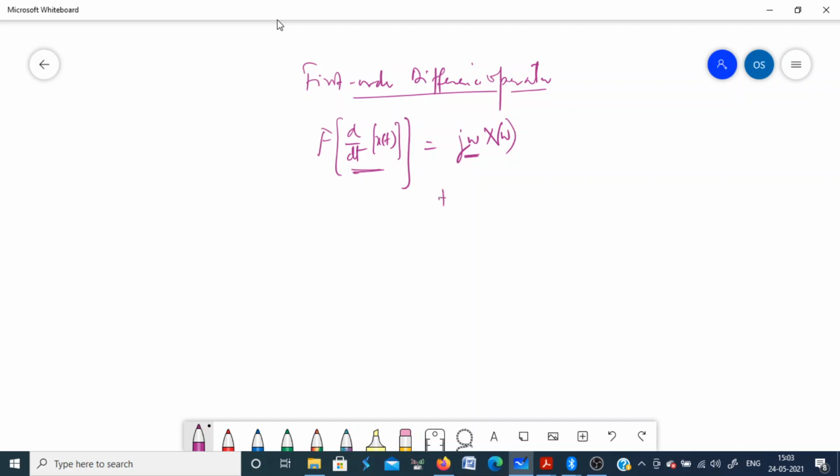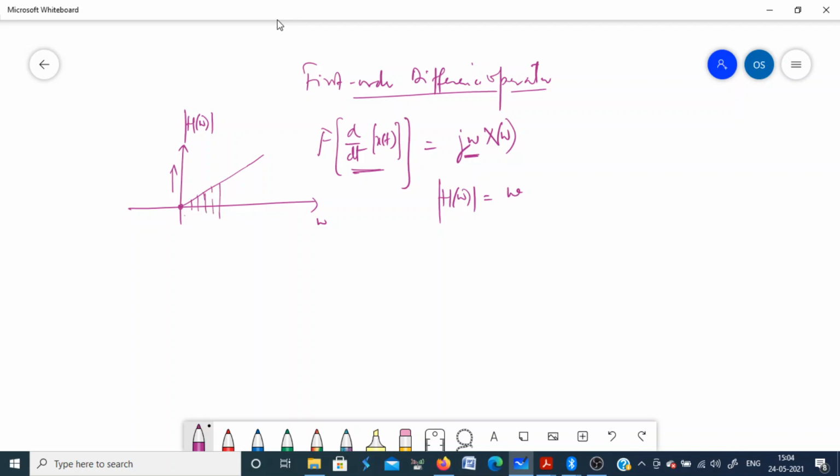Okay, so differentiation in time gives you a multiplication in the frequency domain with a factor of j omega. So if you find its frequency response, it is nothing but omega. Okay, it means you have a system where the gain is linearly increasing with frequency. So you can say this is a sort of high pass filter, because at DC frequency the gain is 0, so it is completely attenuated by this system, and as you increase the frequency, the gain starts increasing linearly with respect to frequency.